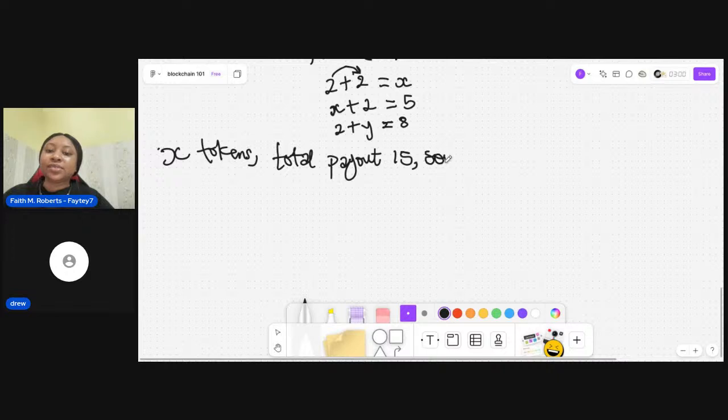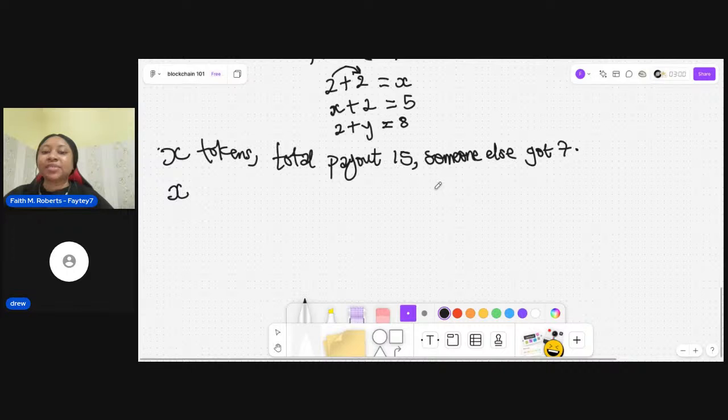And someone else received 7. But now we've established that the total payout is 15. So you can represent this statement in an expression. The first payout the smart contract did was X. We do not know.